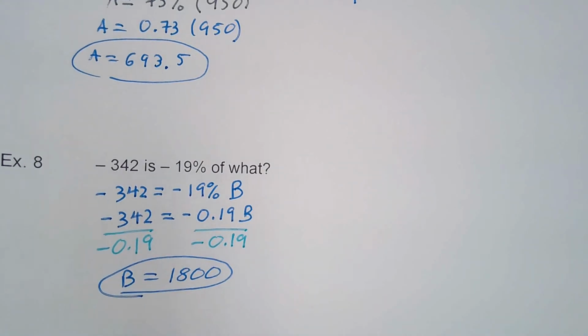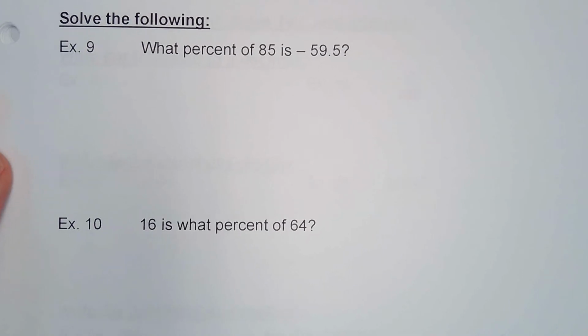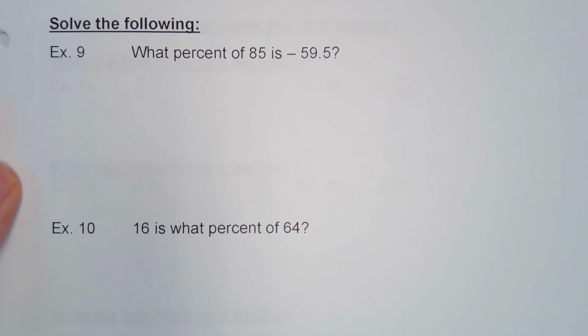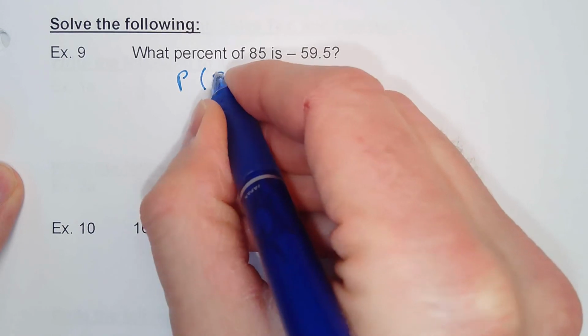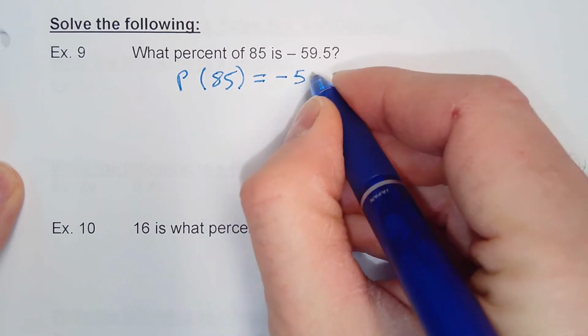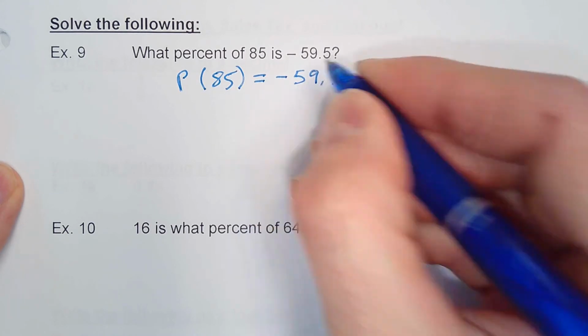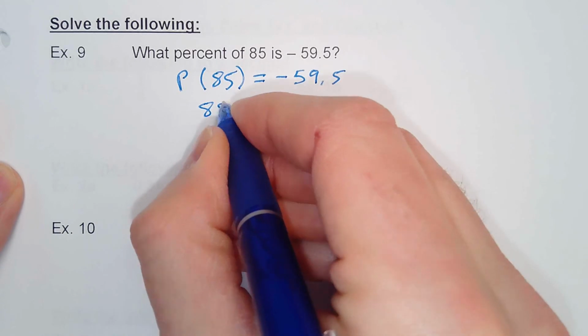All right, let's turn the page. What percent of 85 is negative 59.5? So I'm looking for the percent P of multiplying 85 equals a negative 59.5. I'm going to rewrite this as 85P.